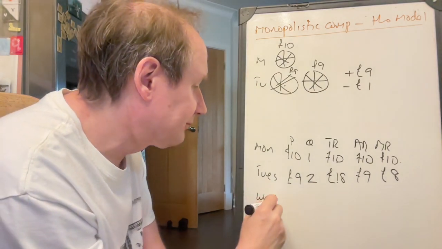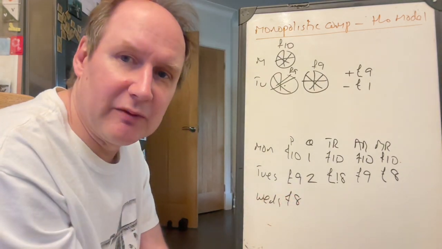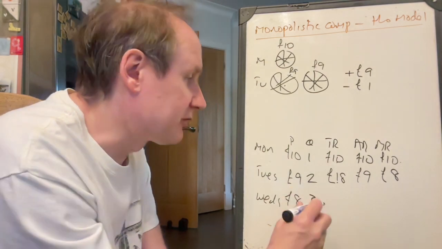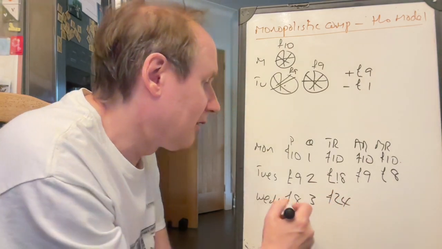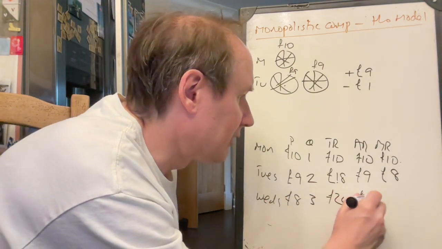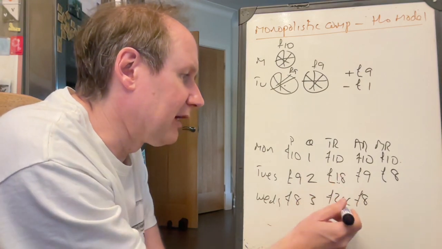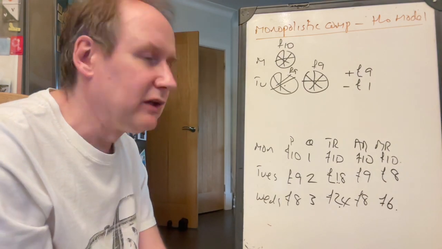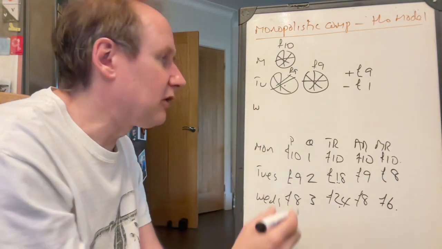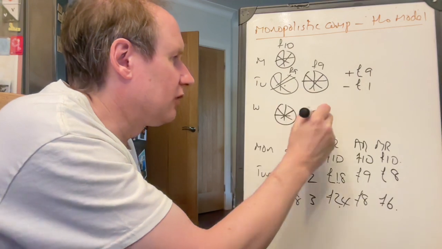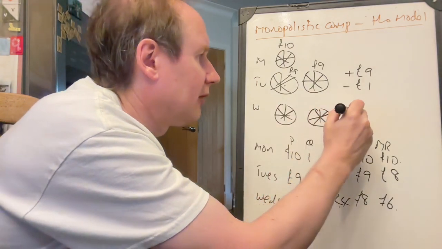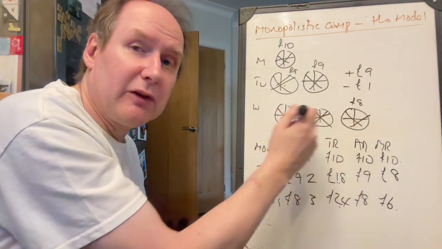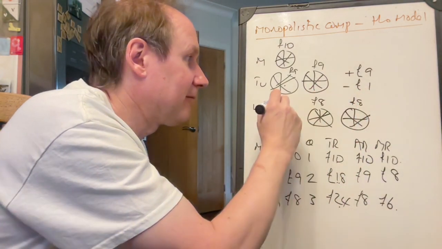Suppose on Wednesday, price goes down to £8, and on Wednesday 3 pizzas are bought a day. The firm's total revenue is 24 quid. On average, it's getting 8 quid. But its marginal revenue, again, has gone from 18 to 24. Its marginal revenue is only 6. And again, if we do it in pizza terms, on Wednesday, sure, it sells this extra pizza here for 8 quid, but it has to sell the other 2 pizzas for 8 quid as well.